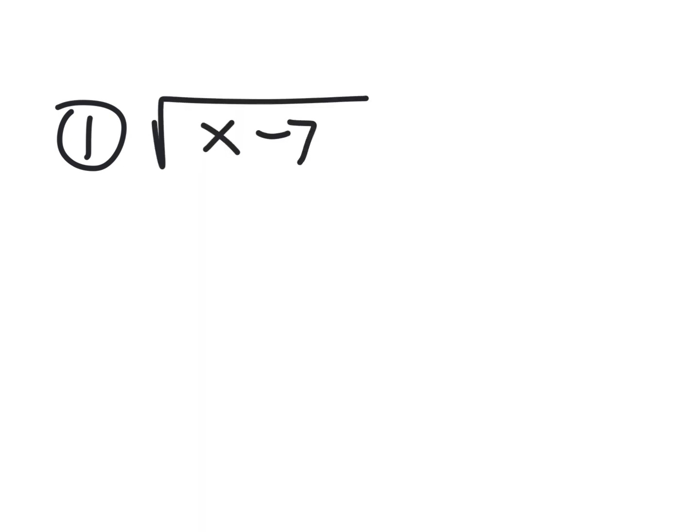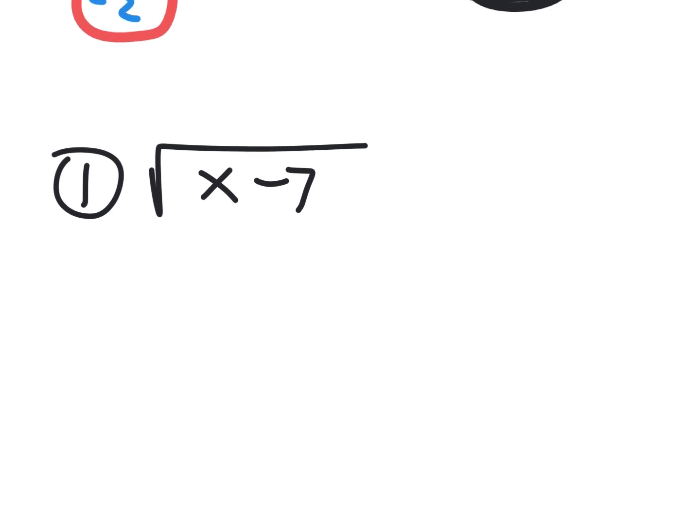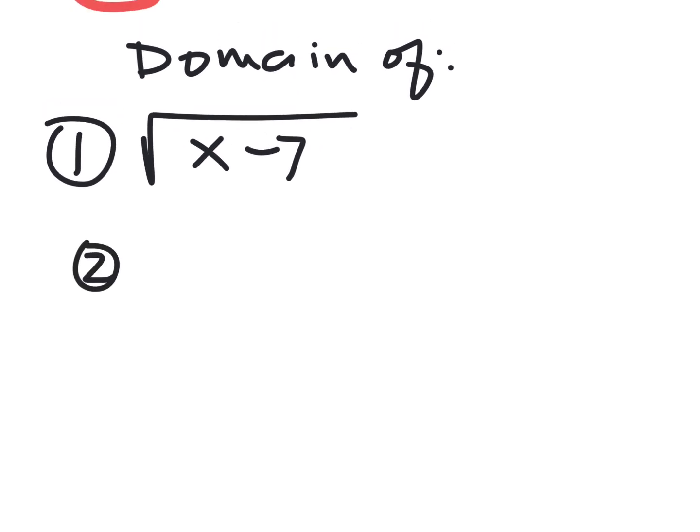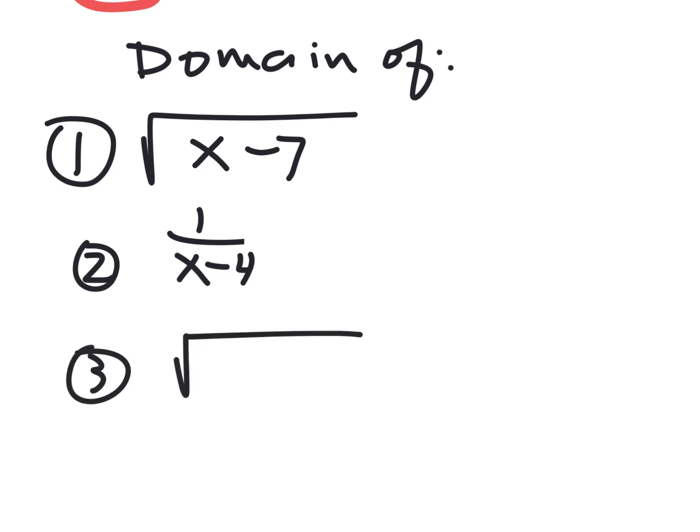All right, so 5 points. Number 1, square root of x minus 7. What's the domain? These are all domain questions, so I don't want to keep saying that. What's the domain of number 2, 1 over x minus 4. Number 3, square root of x squared minus 3x, let me think here, 6 minus 18.